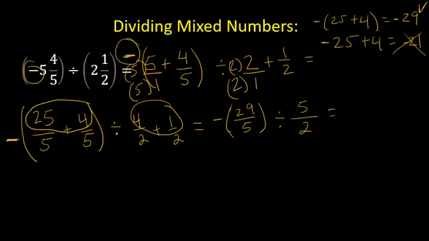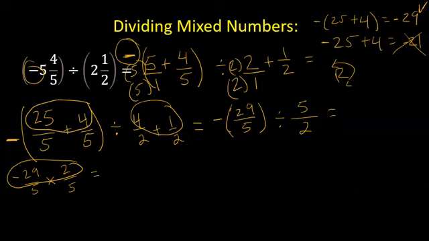Great. So now my next step is we flip the second guy. So what I'm going to have is negative 29 over 5 times 2 over 5. I'm going to multiply all this together, right?